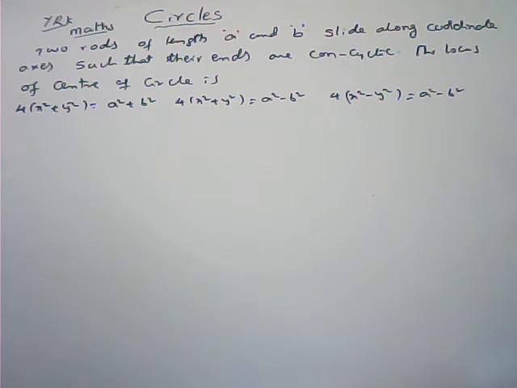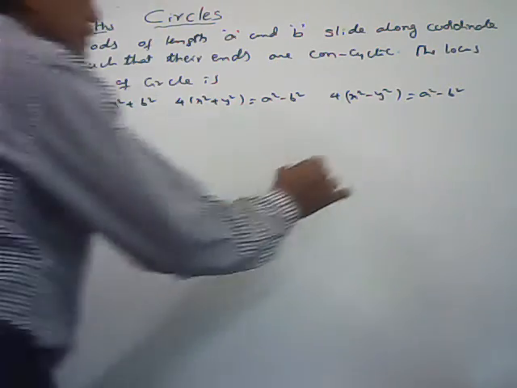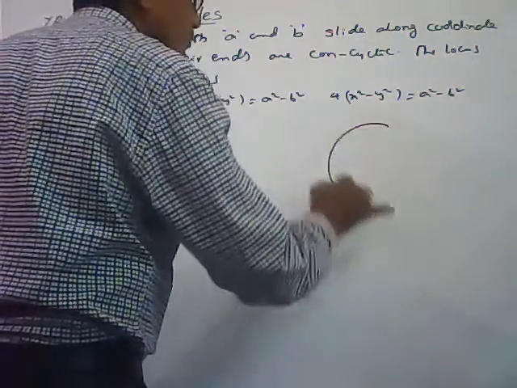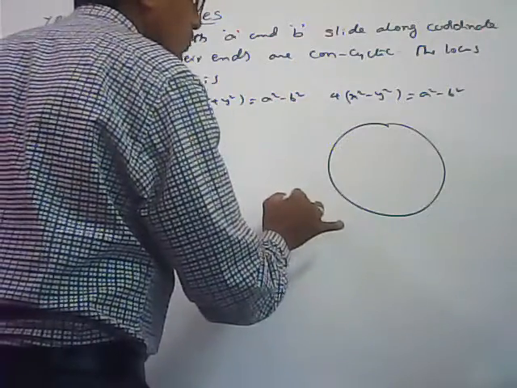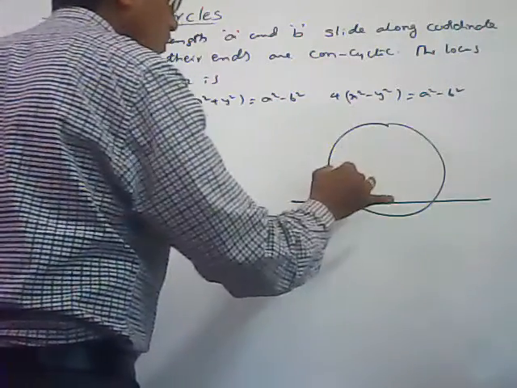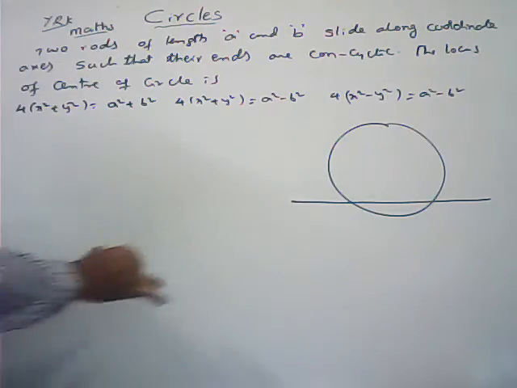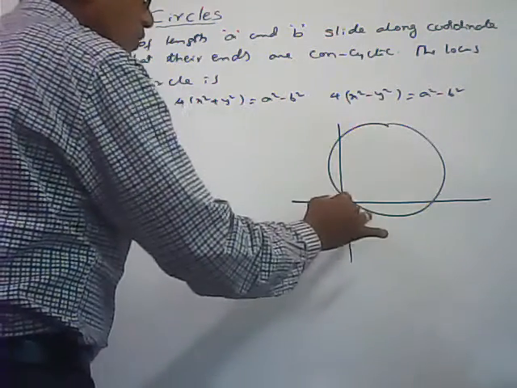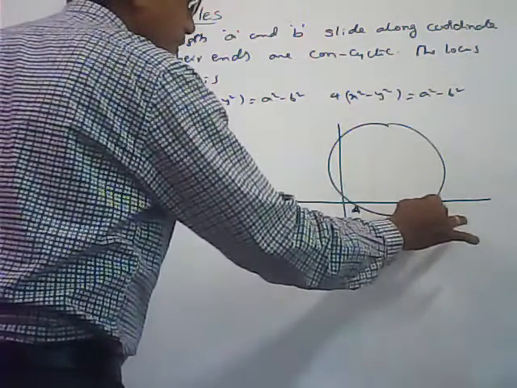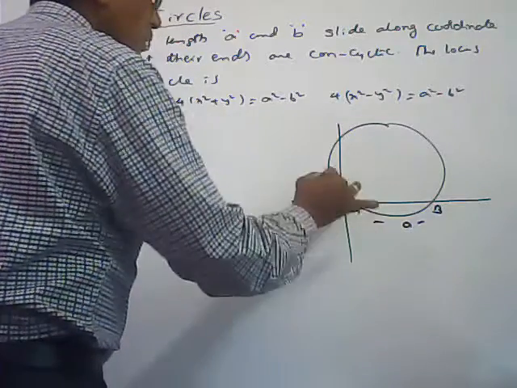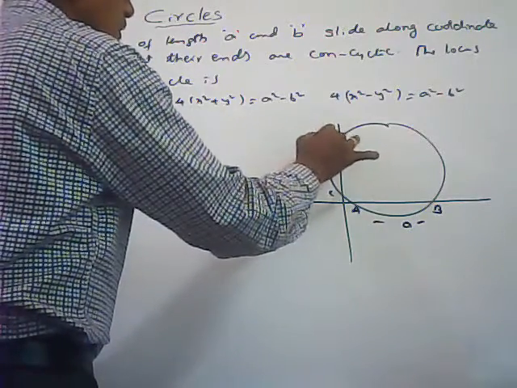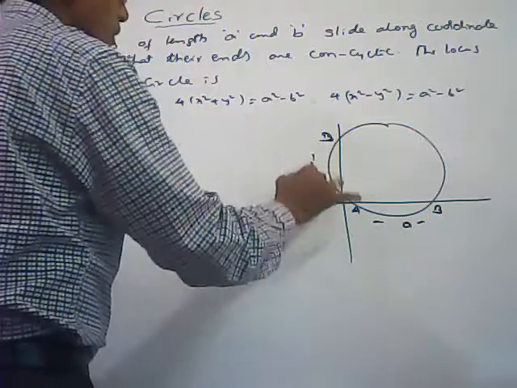Next one: two rods of length a and b slide along the coordinate axes such that their ends are concyclic. Find the locus of the center of the circle. This is one of the rods, AB, its length is equal to a units, and this is another rod, CD, its length is b units.